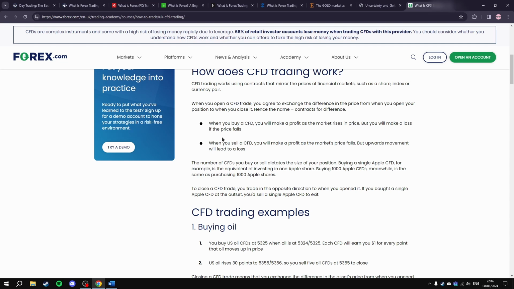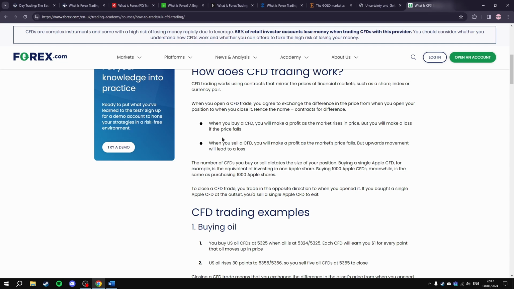When you sell a CFD, for example if you're selling it for £5, you'll make a profit as the market price falls. So if the market price drops to £2, then you can keep the £3, right?